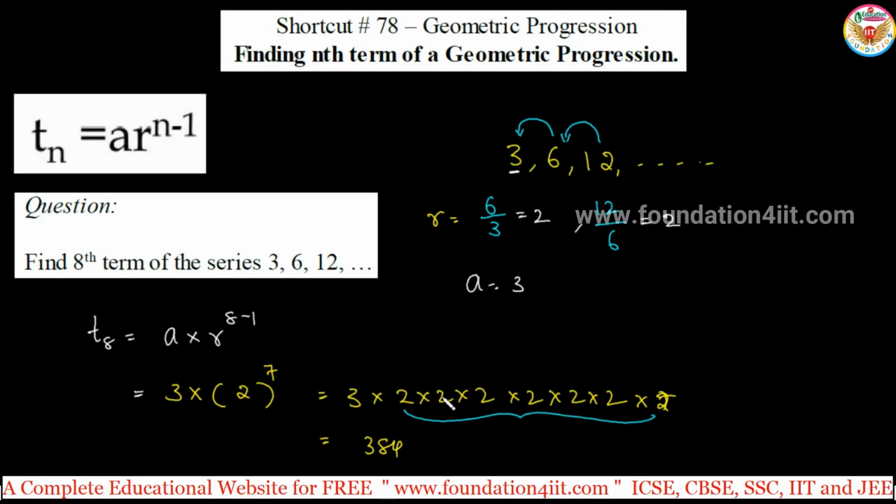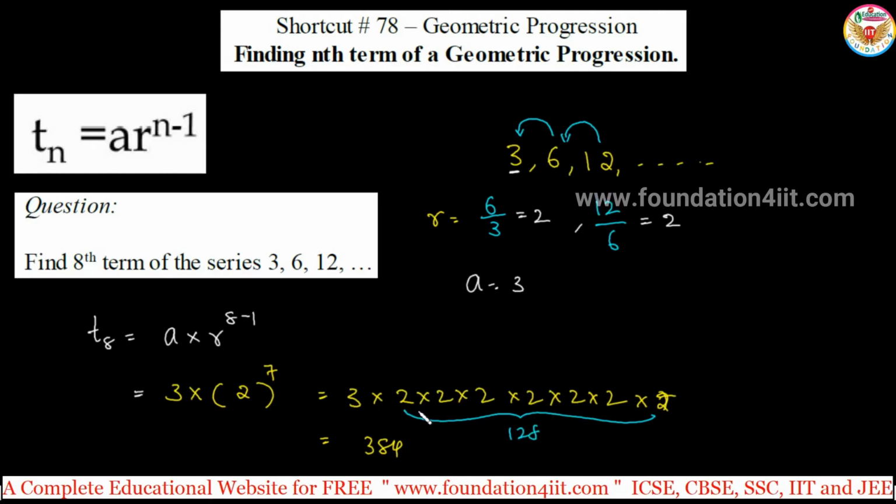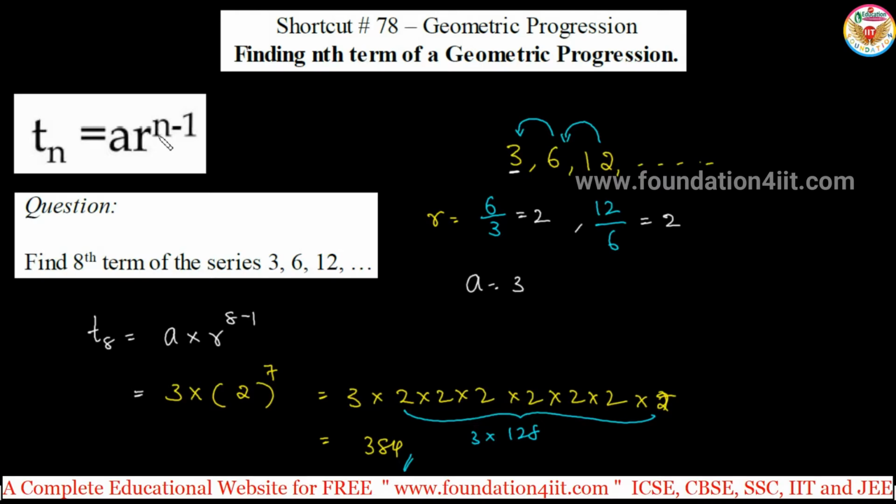Normal calculation: 2, 4, 8, 16, 32, 64, 128, up to this is 128. Into 3, 3 into 128 is 384. The formula is A into R power n minus 1. The power n minus 1 is only for R, remember.